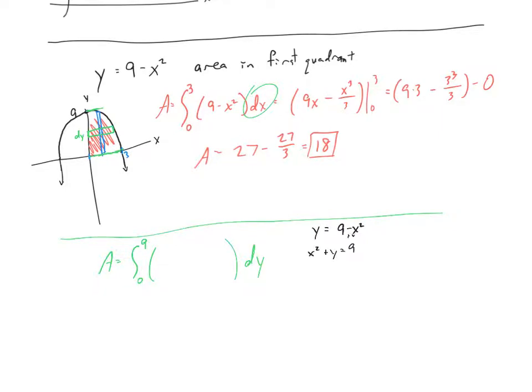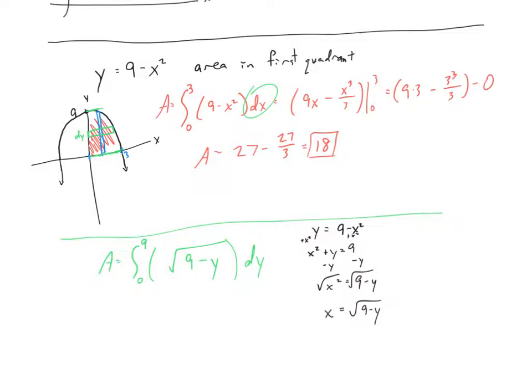So I'm adding x squared there, adding it there, and then I'm going to subtract the y. x squared equals 9 minus y, and then take a square root on both sides. x equals the square root of 9 minus y. And we get a much uglier looking equation, okay, but that is the function that we are integrating, the square root of 9 minus y. So it's the integral from 0 to 9 of the square root of 9 minus y dy.